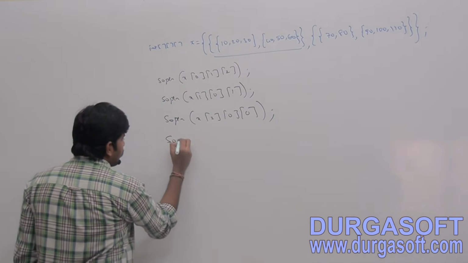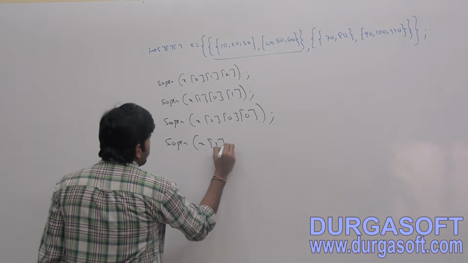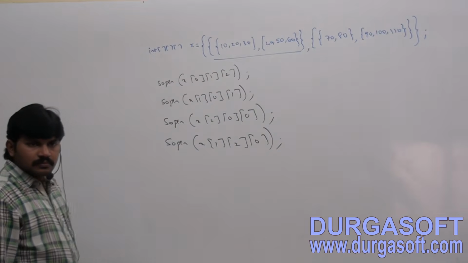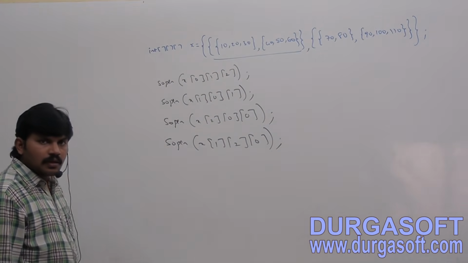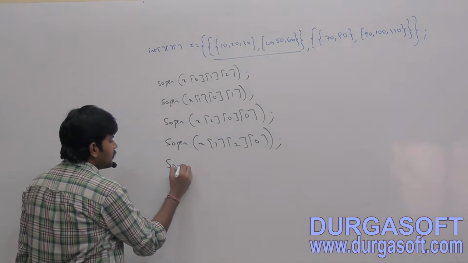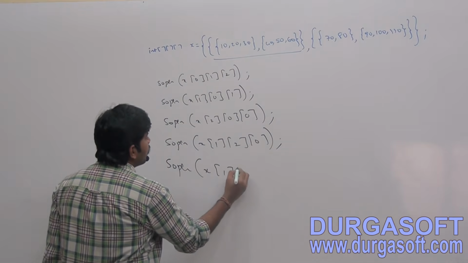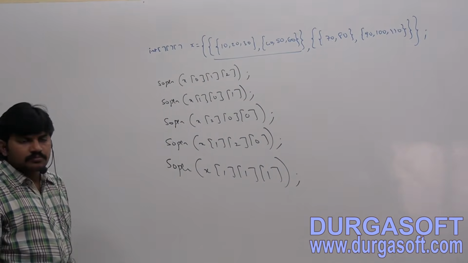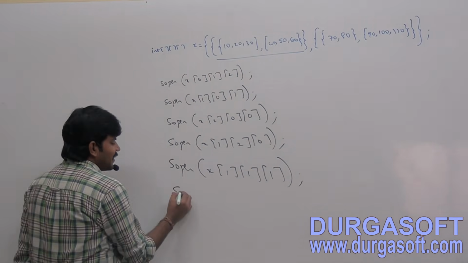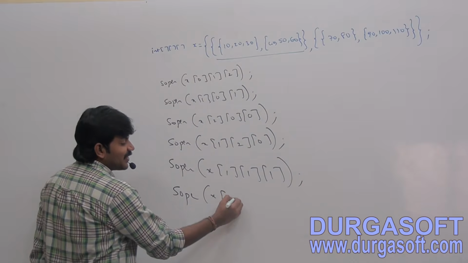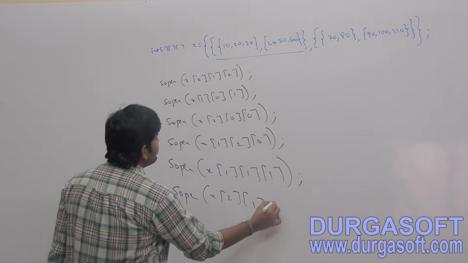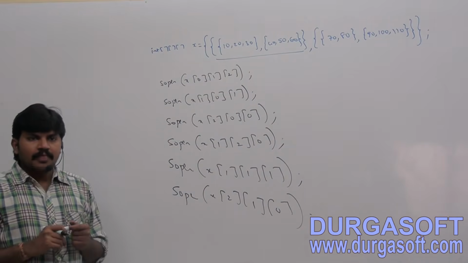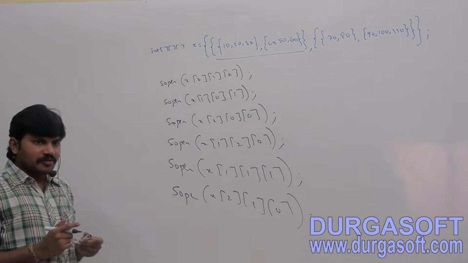Leave, no problem. SOP of x of 1, 2, 0. What is the answer? No issue. SOP of x of 1, 1, 1. What is the answer? SOP of x of 2, 2, 1, 0. What is the answer? Maybe there is a chance to ask this type of questions.